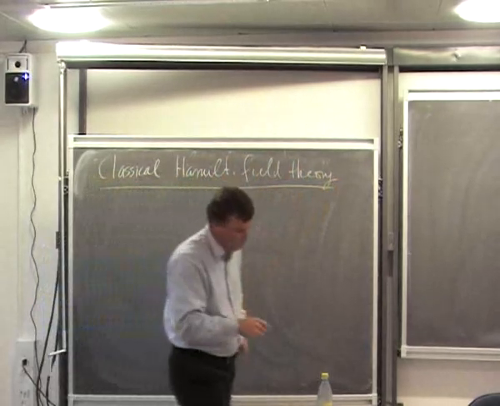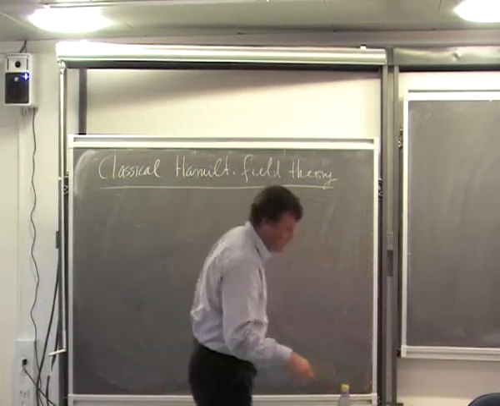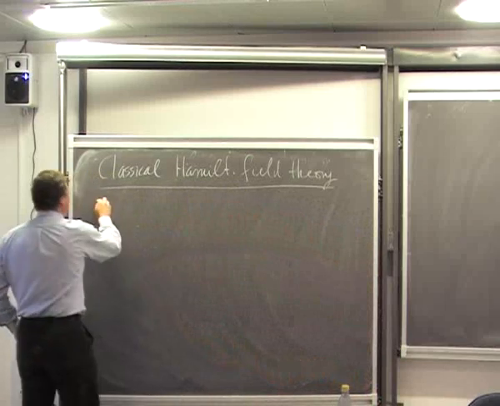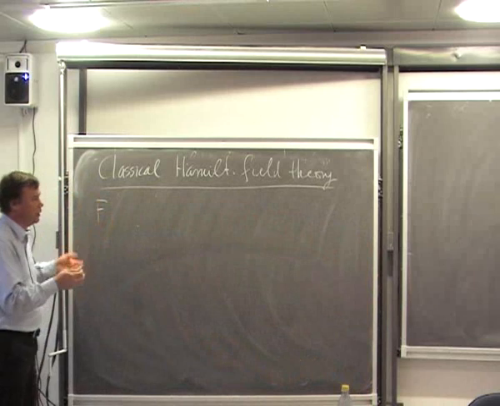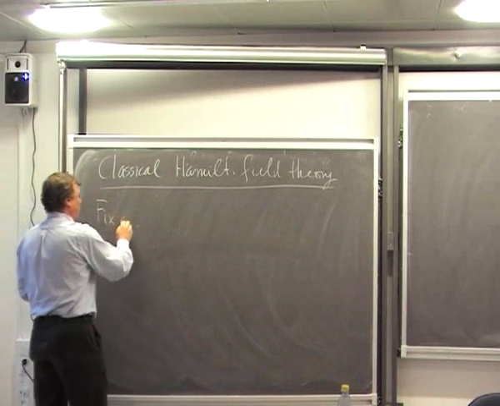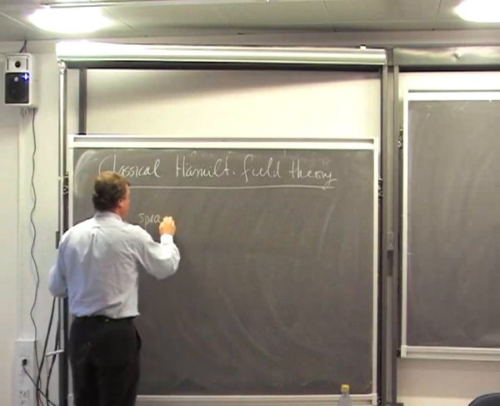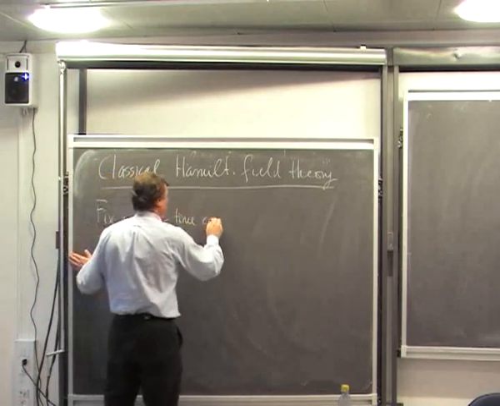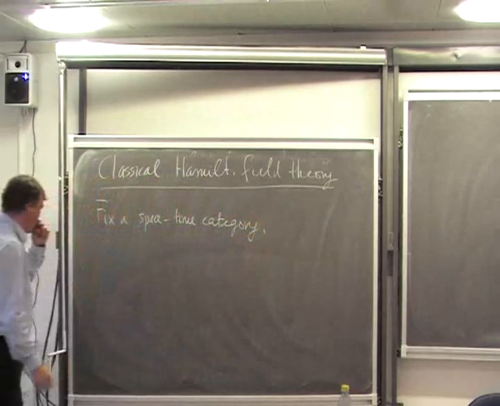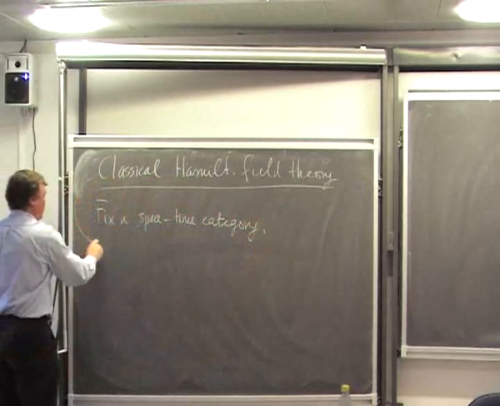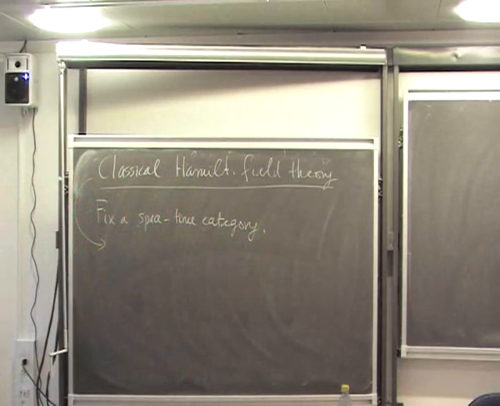First of all, in any classical Hamiltonian field theory, just as in the Lagrangian case, we have to fix a space-time category. And then such a theory consists of certain data which satisfy certain properties.